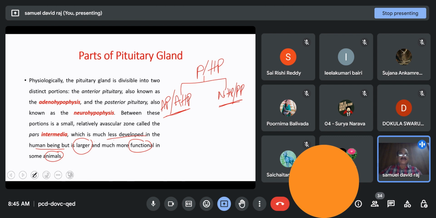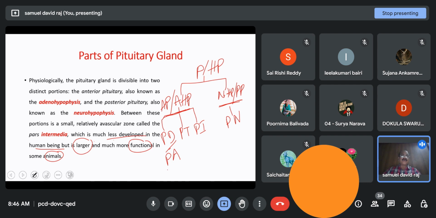And the anterior pituitary comprises three parts: pars distalis, pars tuberalis, pars intermedia. Pars distalis is also called pars anterior, whereas neurohypophysis comprises one part called pars nervosa.